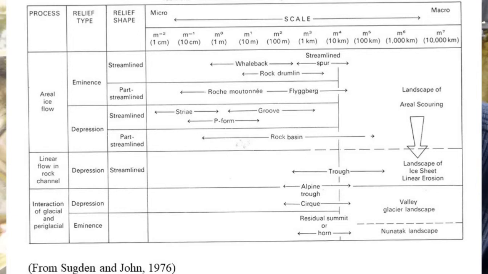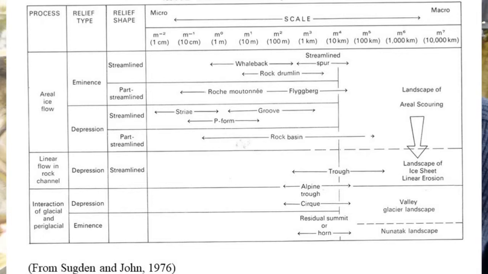But this table from Sugden and John, 1976, divides landforms up in terms of their scale. So first of all, it talks down the left-hand column there in terms of the different processes that are going on, whether you're talking about ice affecting a whole area, or if you're talking about linear flow within a specific channel, for example.